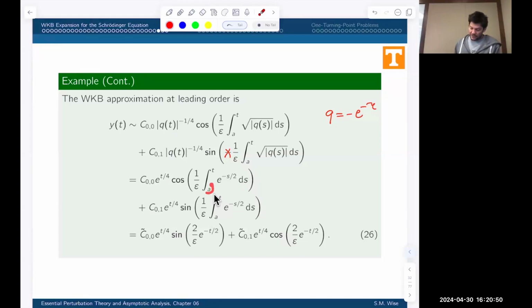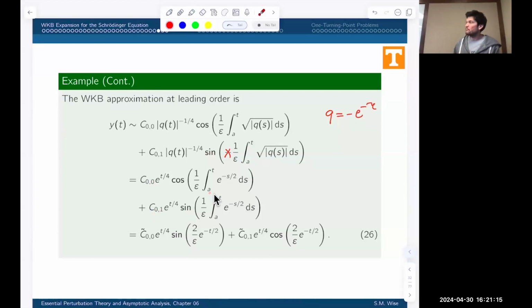Now I'm allowed to choose a to be whatever I need it to be in this case. I could make this something like positive infinity so that when I do this integration, I get a 0. Or I can just leave it as a. That's going to be a constant, which I can absorb through changing these coefficients out front. So that's what I chose to do.